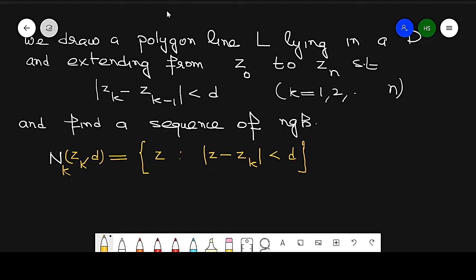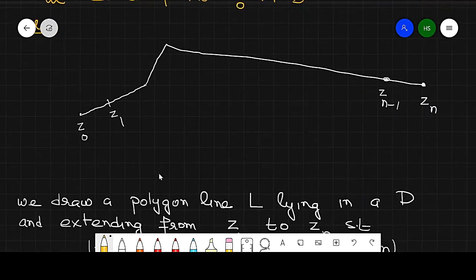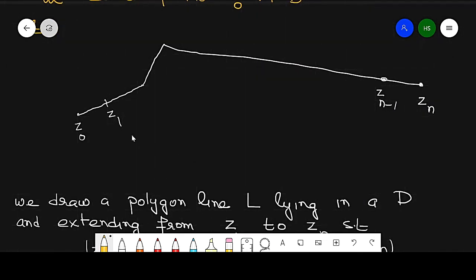So it means we find this polygon line, and the distance from z0 to z1 is less than d. So here I define a neighborhood N0 whose radius is d.